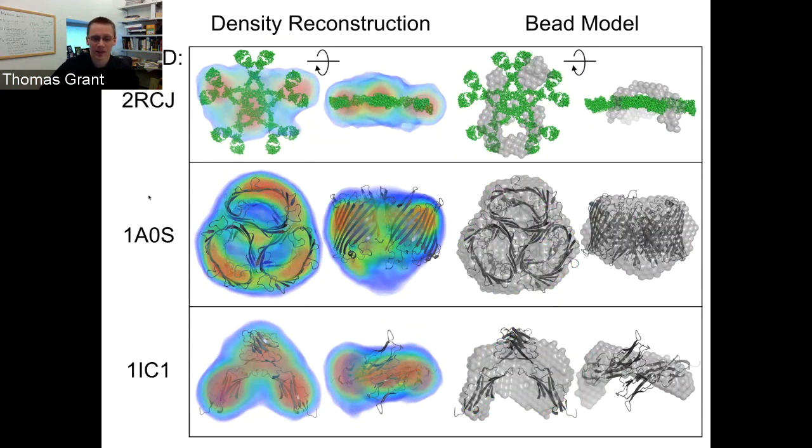So it does have its limits. This is a nice case where you have this porin where you can actually see the low density channels in the trimer. And finally, this is just another complex shape to show that it can reconstruct relatively complex objects.